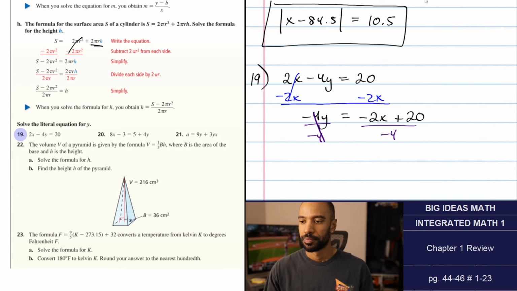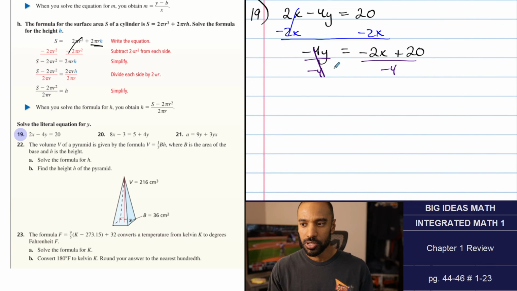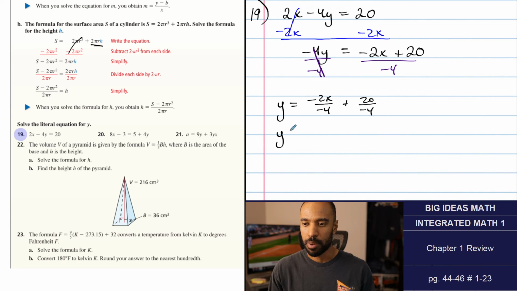Now, in cases with numbers, oftentimes you can do true division or fraction reduction. In this case, you can do both. Y equals negative 2x is dividing by negative 4, and 20 is dividing by negative 4. Negative 2 divided by negative 4 reduces to positive 1 over 2. We can write that as 1/2 times x.